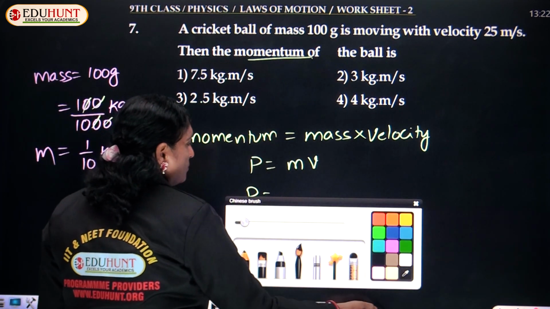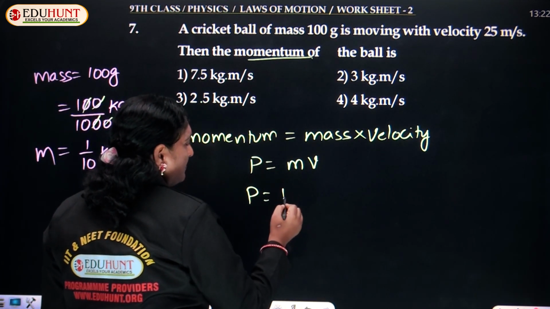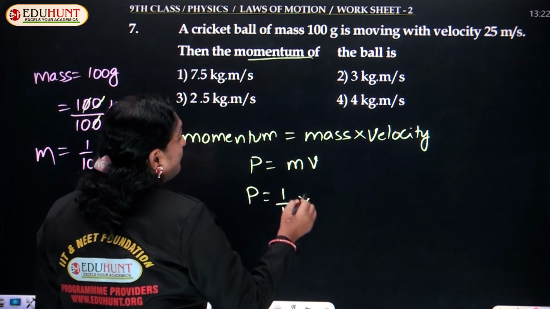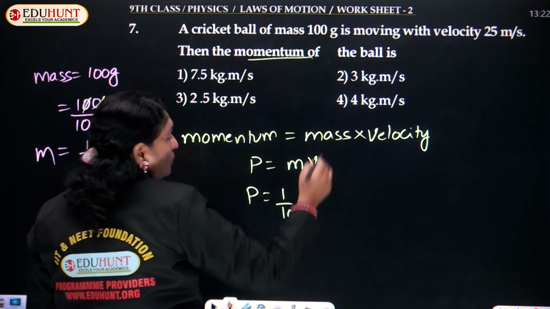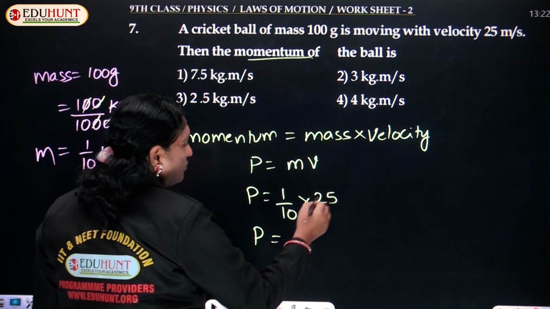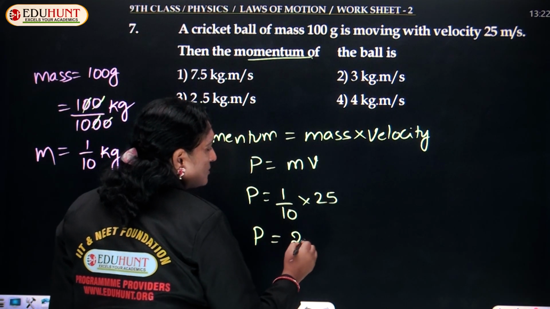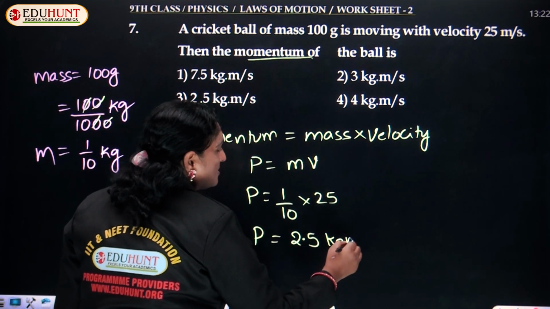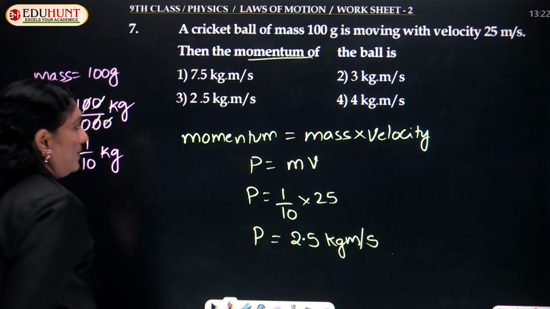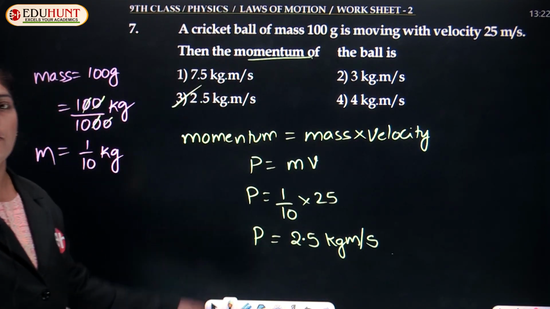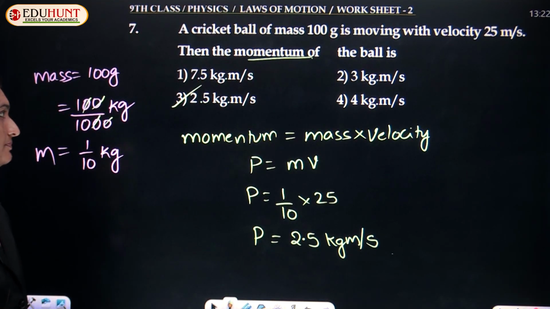Substituting those values, instead of mass we replace with 1 by 10 kg and velocity with 25 meter per second. Solving this, 25 upon 10 is 2.5, and the unit of momentum is kg meter per second. 2.5 kg meter per second goes with the third option. Okay, children.